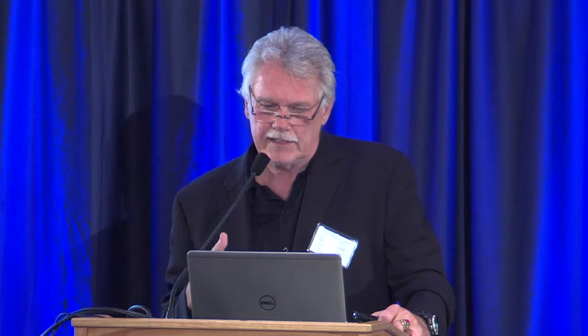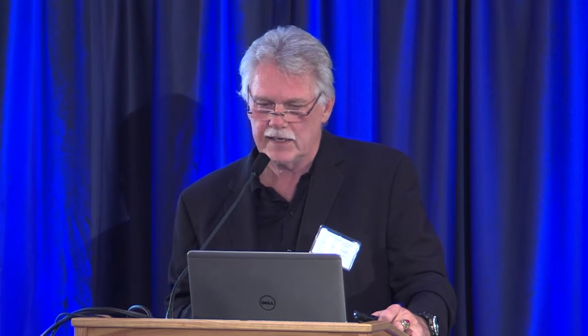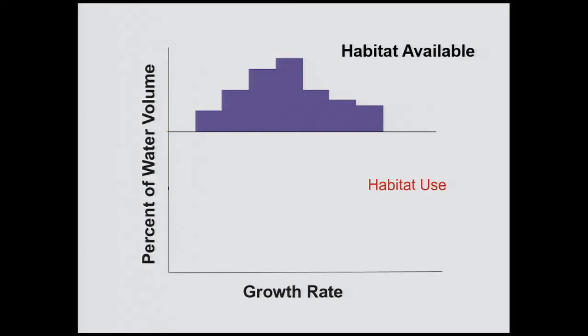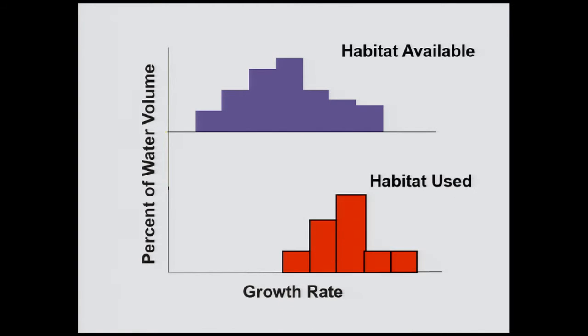And a simple way to look at this, if we look at the percent of the water volume and look at the top bar graph, which is what we would measure, how that habitat is distributed, what's the available habitat? Well, the fish could be really smart, and they could go and find those areas of high growth and exploit those areas of high growth. They could use temperature preference, they could use some other way to do that.